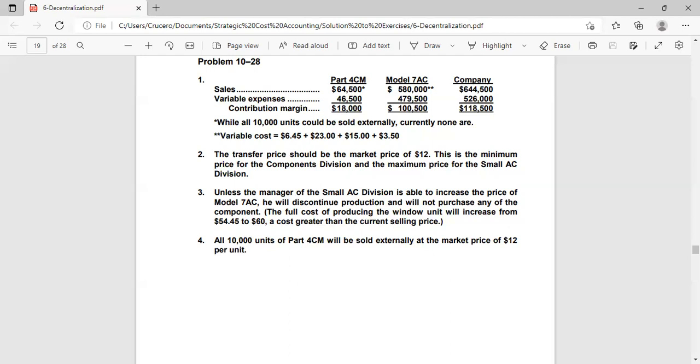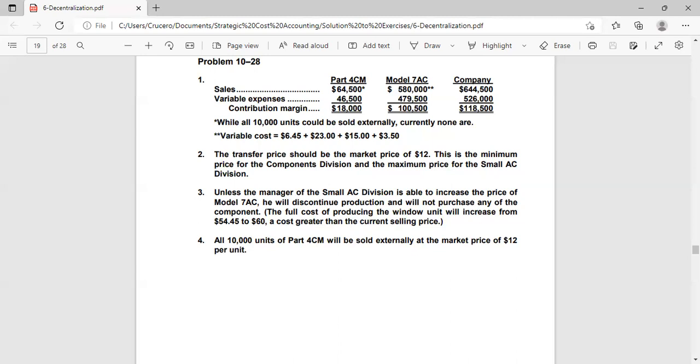The full cost of producing the window unit will increase from 54.45 to 60, a cost that's greater than the current market selling price.